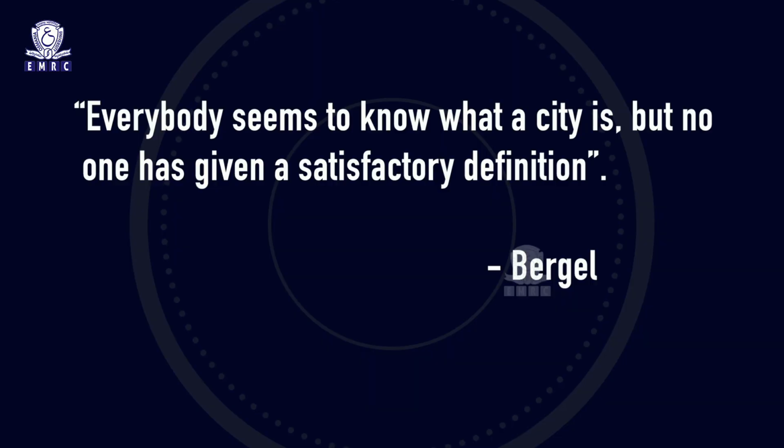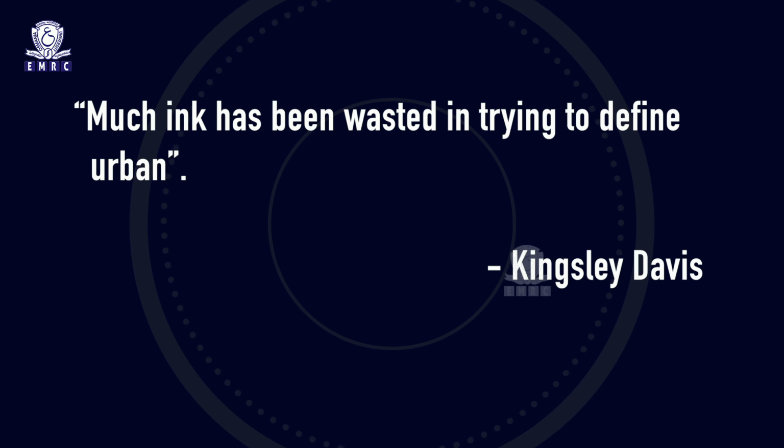Though some sociologists have tried to define the concept of urban, no one has given a satisfactory definition so far. As Burgess writes, everybody seems to know what a city is, but no one has given a satisfactory definition. Similarly, Kingsley Davis writes, much ink has been wasted in trying to define urban.